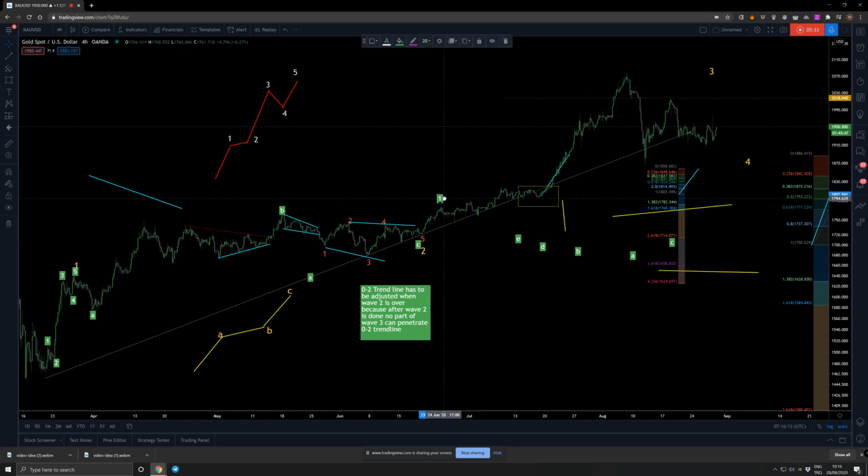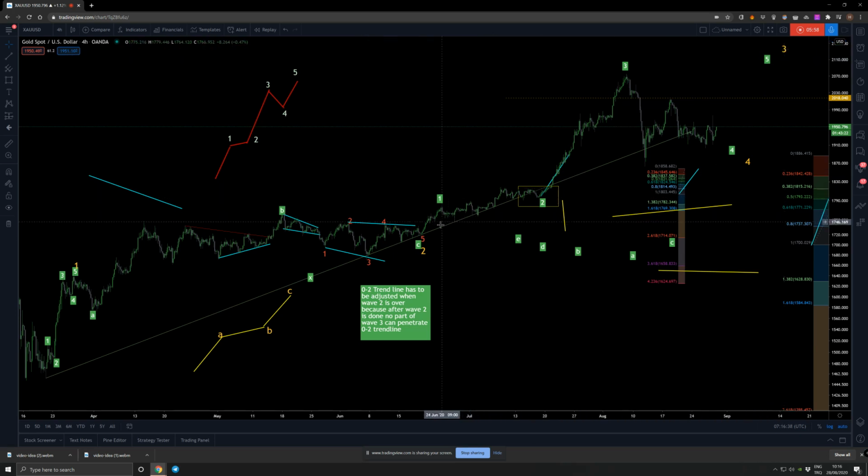So it looks like it can be something like this: second wave and a third wave, and it looks like we may be on a fourth wave. If that's the fourth wave, then we will have a fifth wave that should be here like this.